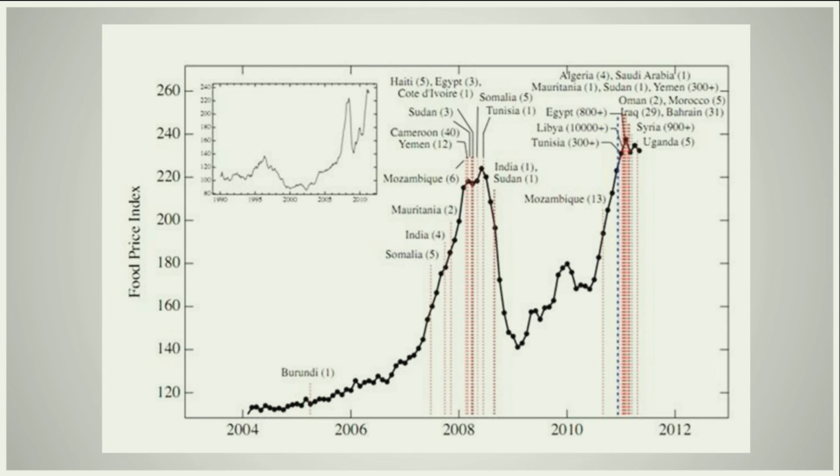So you measure the price of food everywhere, rich countries, poor countries, and take an average, and it's called the Food Price Index, and they started this in the year 2000 at 100, and then measured how the average food price has changed since the year 2000. And this is what they found.